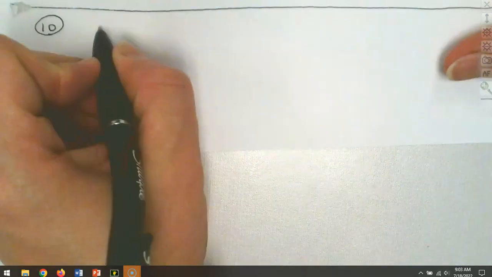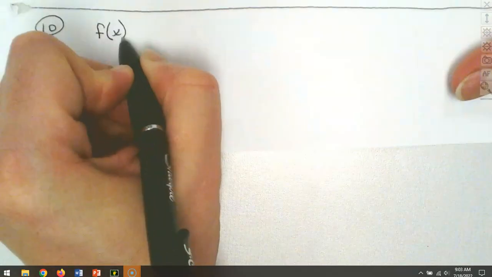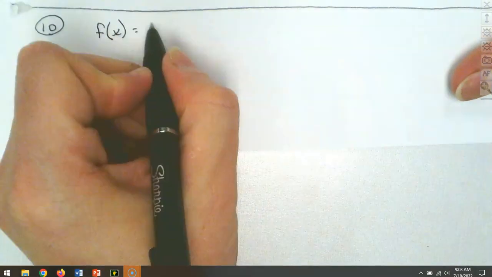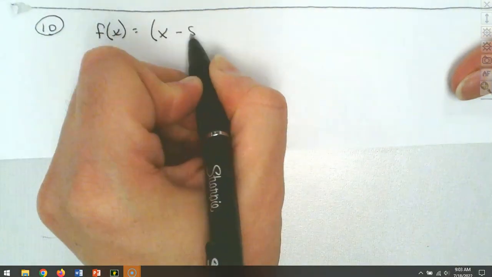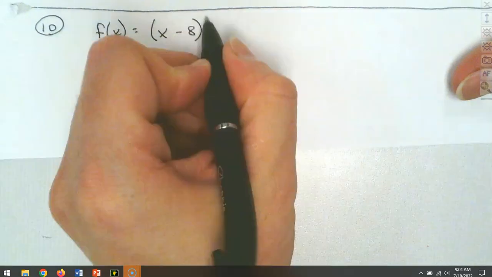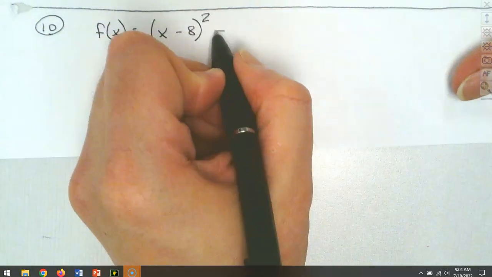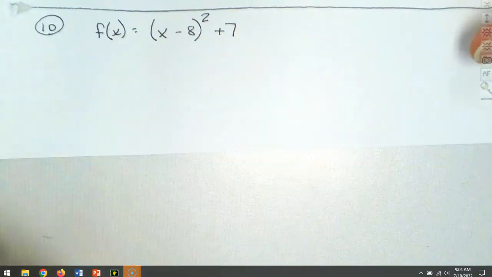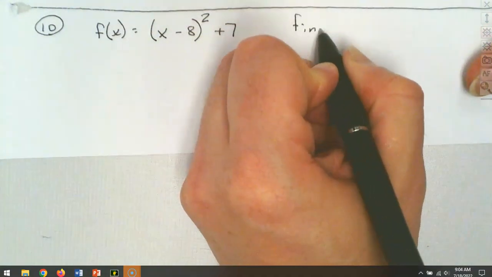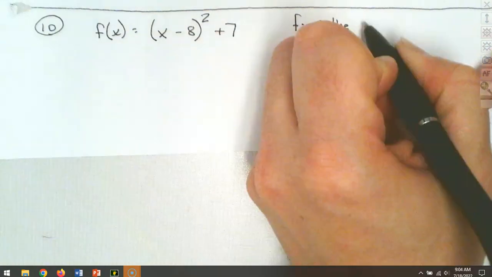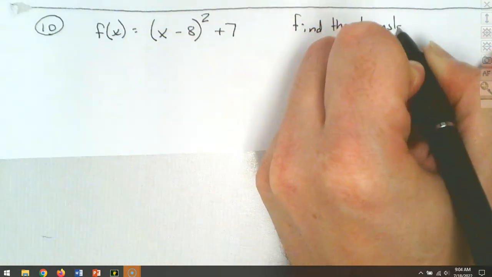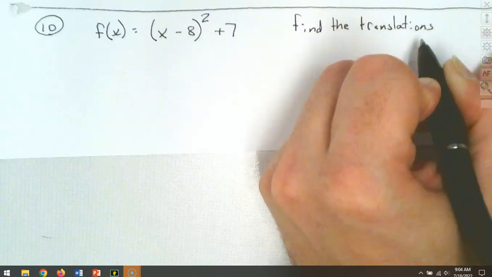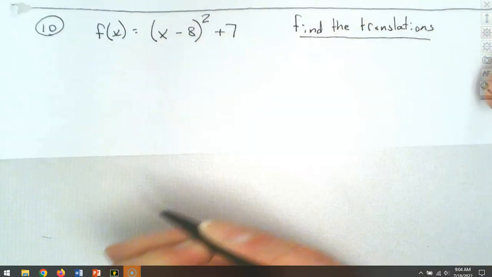So I'm going to give you this equation: f of x equals (x minus 8) quantity squared plus 7. And I want you to find the translations. So just tell me what's happening here.